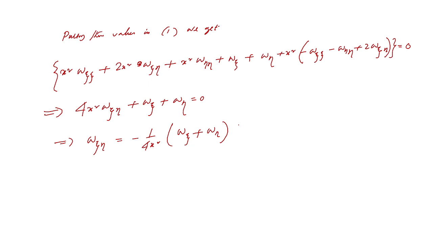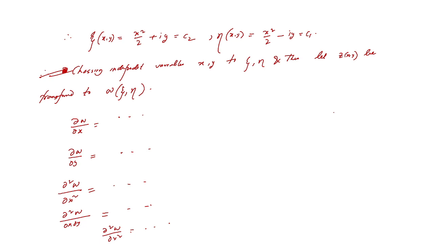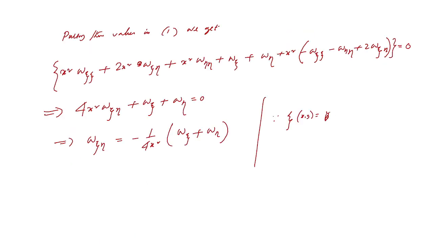Now what are ξ(x,y) and η(x,y)? ξ(x,y) is x²/2 + iy, and η(x,y) is x²/2 - iy.